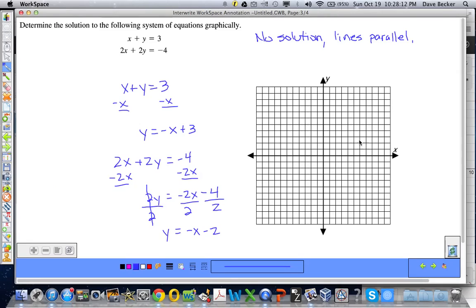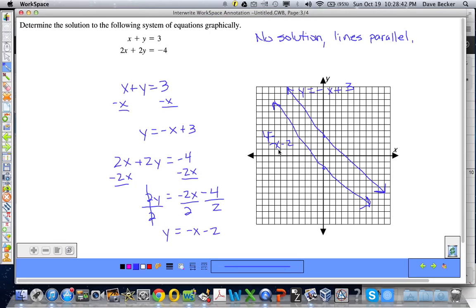So I think we had y equals x minus 3. So maybe here and here. So we had something like this. You can look back at your calculator, I just don't want to waste the time. And then negative x minus 2, something like that. It doesn't have to be perfect. y equals negative x minus 2.